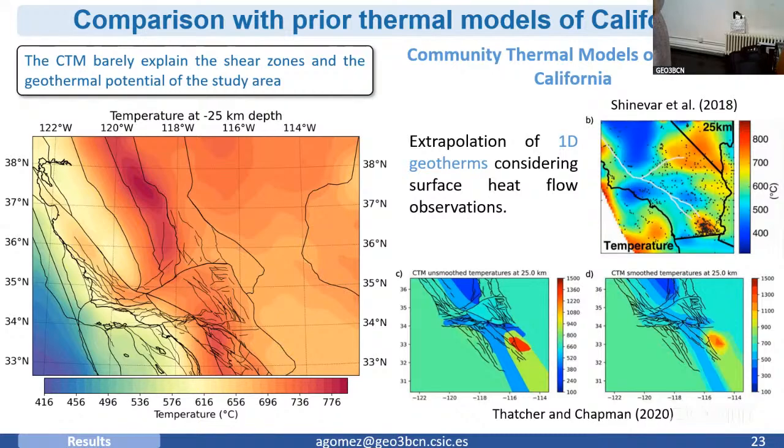And this is not what external data, GPS inversions, are telling us, right? So yes, community thermal models barely explain the shear zone and also the geothermal potential that we have in the study area, because actually here, the places where there is a lot of geothermal potential, according to the community thermal models, we have cold domains, right?